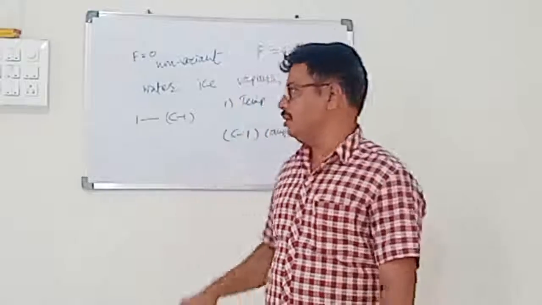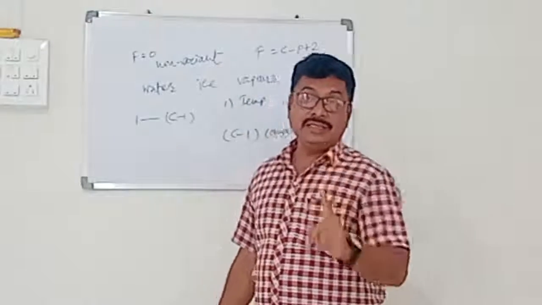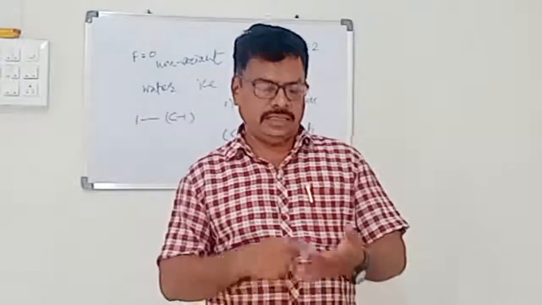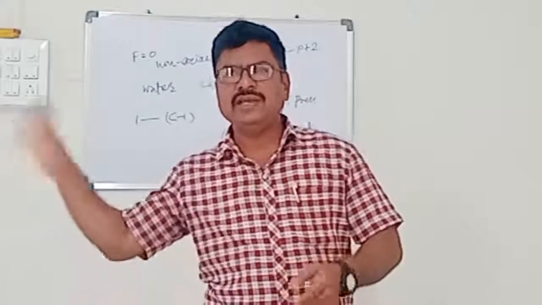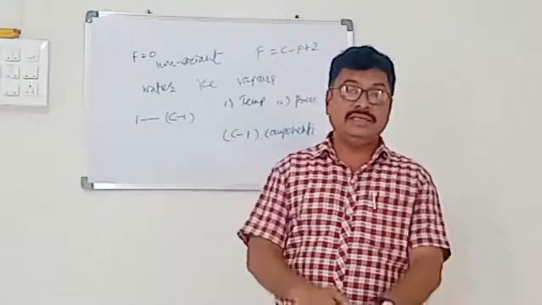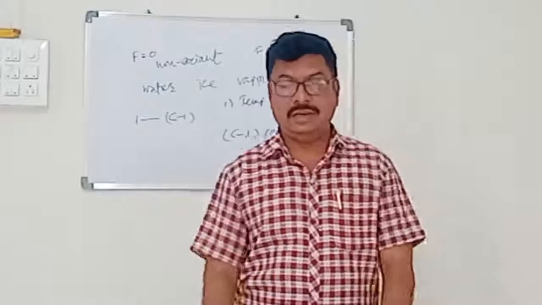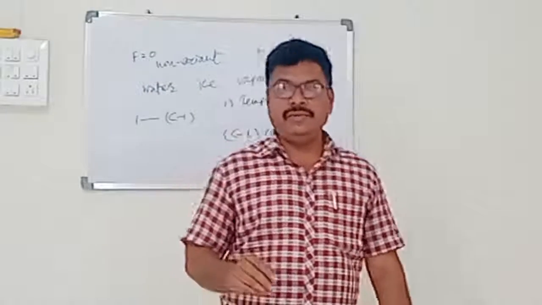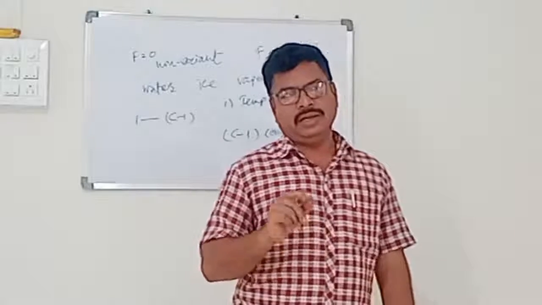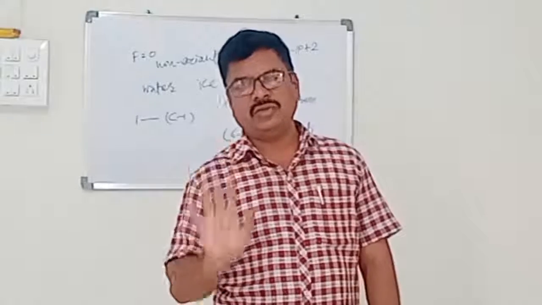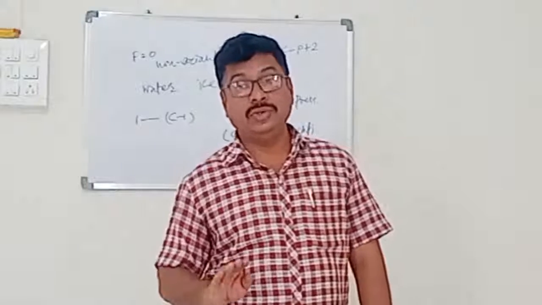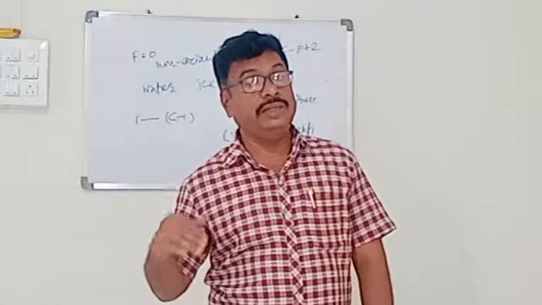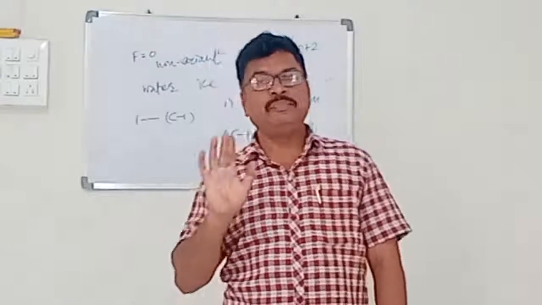C constituents are there in one phase, 1, 2, 3, 4, or they may be represented as A, B, C, D, E, F, G, and so on. We should know the composition of all the constituents. If we have to calculate the composition of one particular constituent, then we should know the concentration or composition of all the remaining C minus 1 constituents.